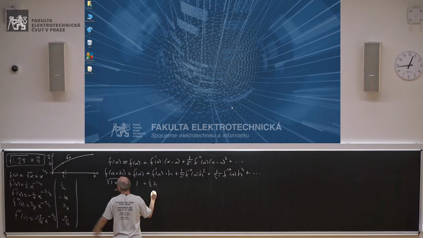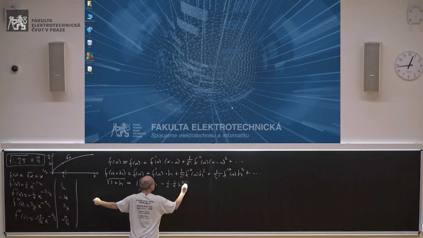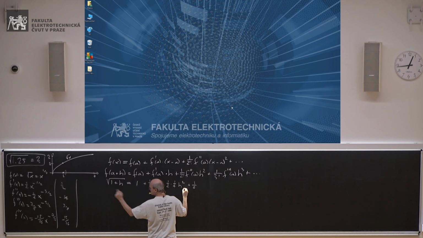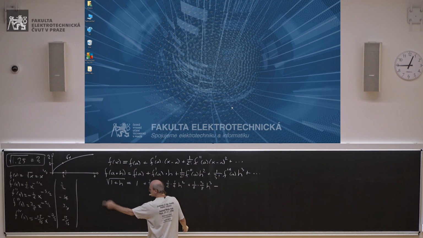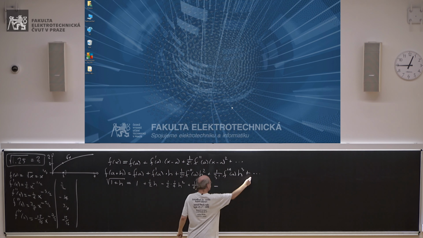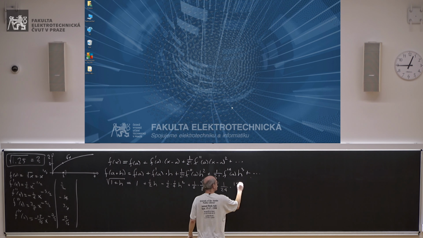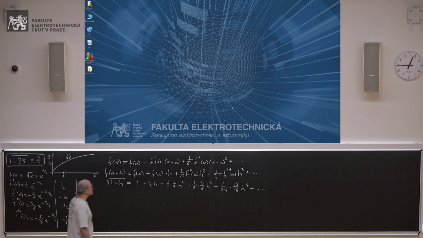1/2 h minus 1/2 times 1/4 h squared plus 1/3 factorial, which is 6, times 3/8 h cubed, minus, okay, 4 factorial is 24, times 15/16 h to the power 4, plus, and so on. That's how the polynomial looks. Do I like it? That's a good question. Okay, let's see.